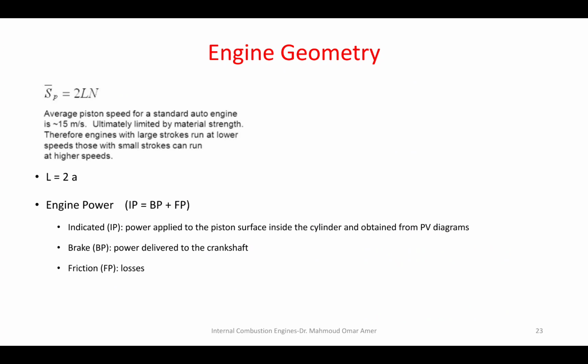Chemical energy is converted into fluid energy after combustion through the thermal efficiency. The fluid power, which is pressure and temperature, is the indicated power that pushes the piston downwards.